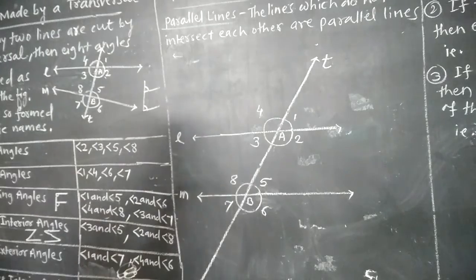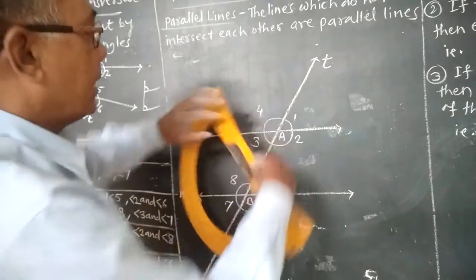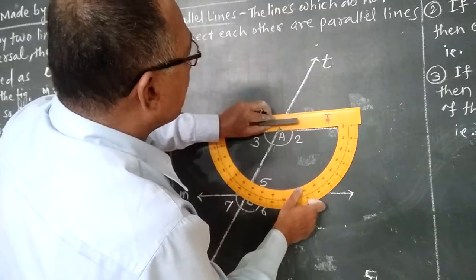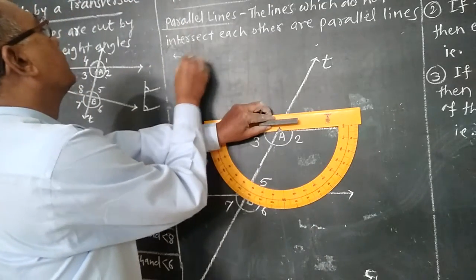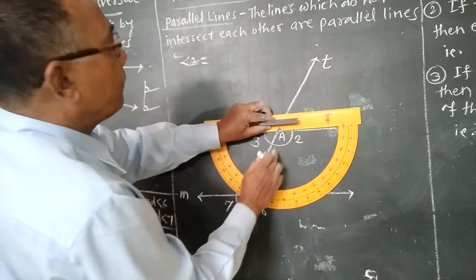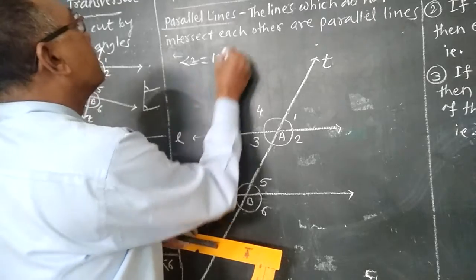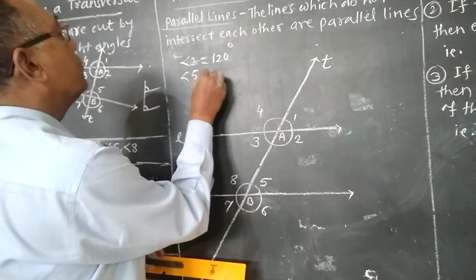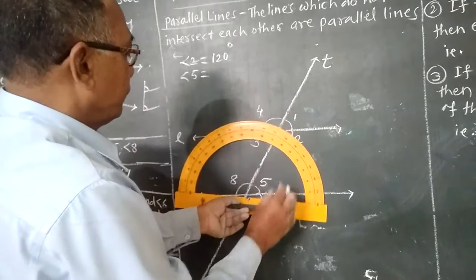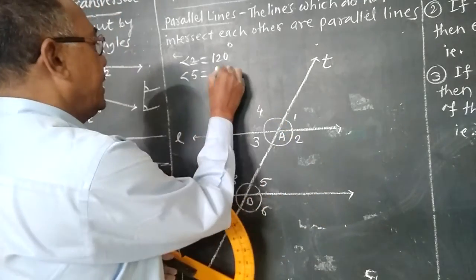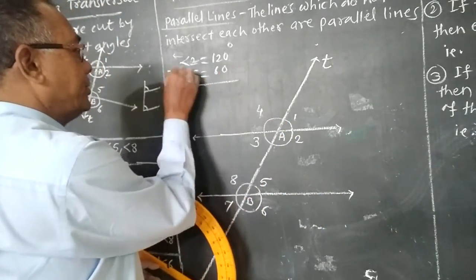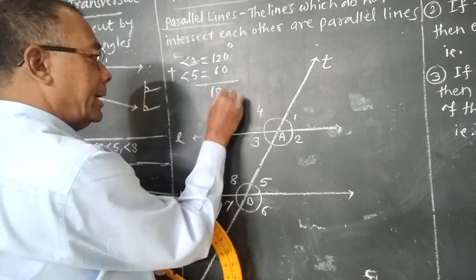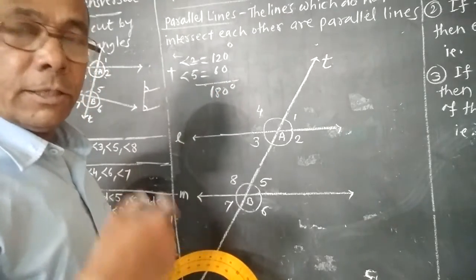Here if we observe, angle 2 is equal to 120 degrees, then angle 5 is 60 degrees, and the summation of these two is 180 degrees.